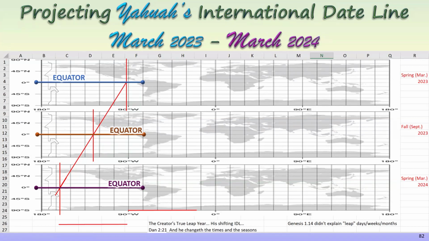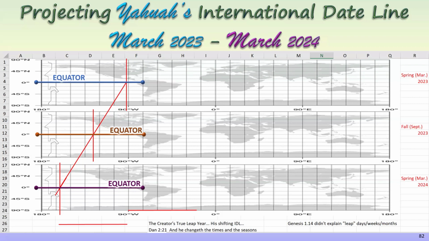And so 0.2-ish days, it's like 25% of a day. So that's something like approximately 5 or 6 hours. So we expect that you would see the Creators International dateline progress about 5 to 6 time zones from one year to the next.